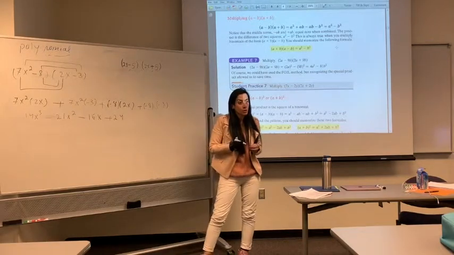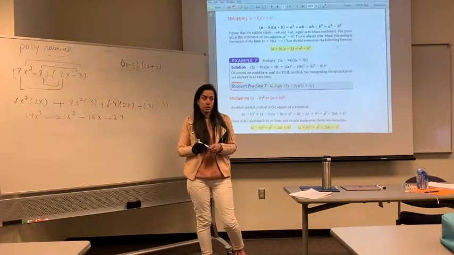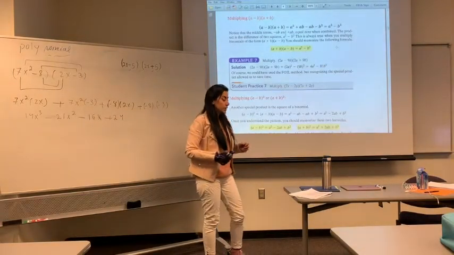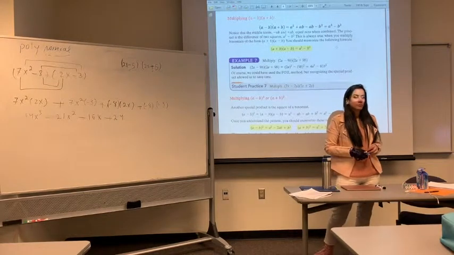You can use FOIL. I mean, definitely the answer will be correct because you are multiplying, correct? But there is an easier way to solve this using just a formula.